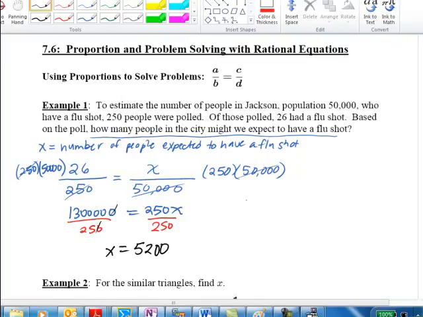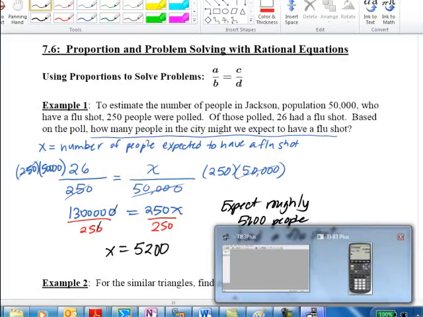So we could say in our sentence, we expect roughly 5,200 people had a flu shot. And if you want to check, you can check the fraction 26 out of 250.